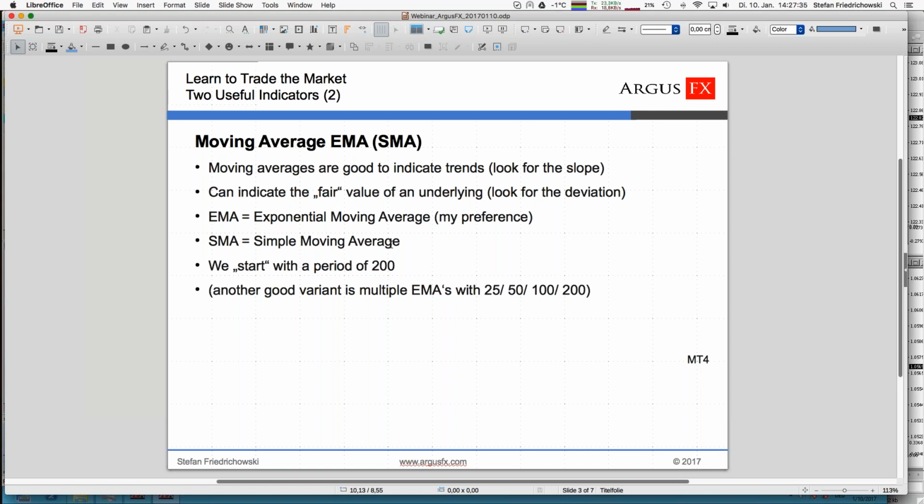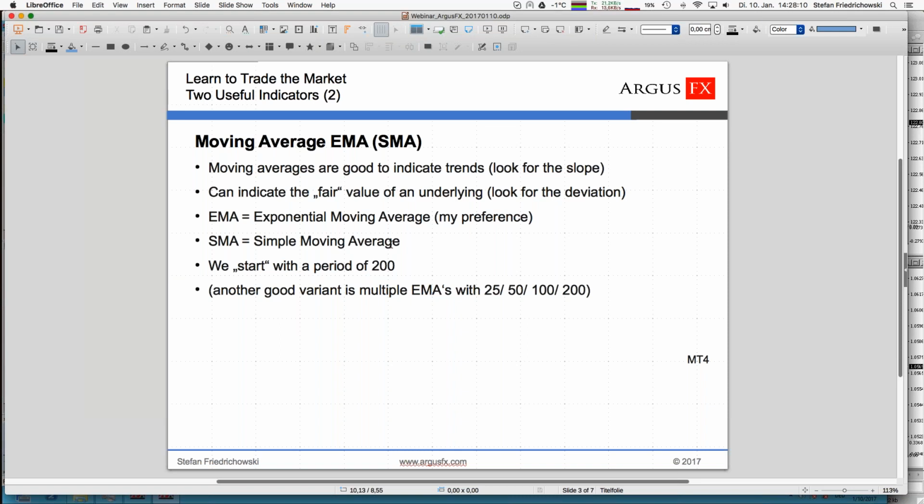And the indicator EMA is always something like, let's call it the fair value, whatever that really means. There is no complete definition of a fair value of an underlying, but it helps us to say, we think the EMA is the fair value. And what we can do now is look for strong deviations of the actual price compared to that fair value.